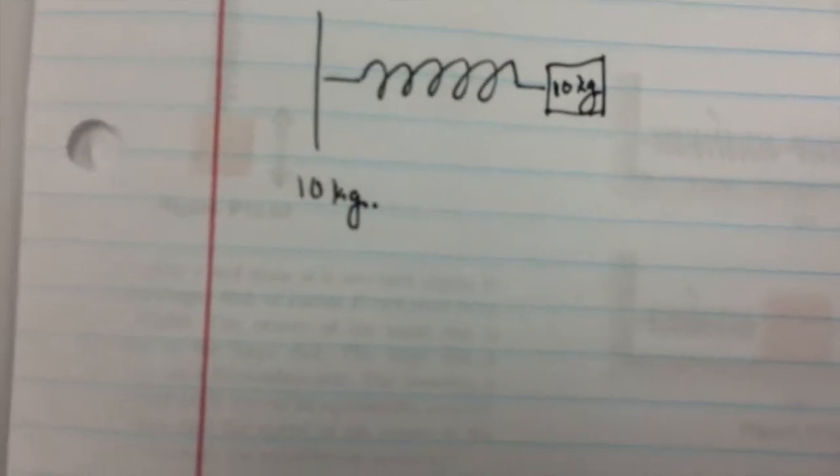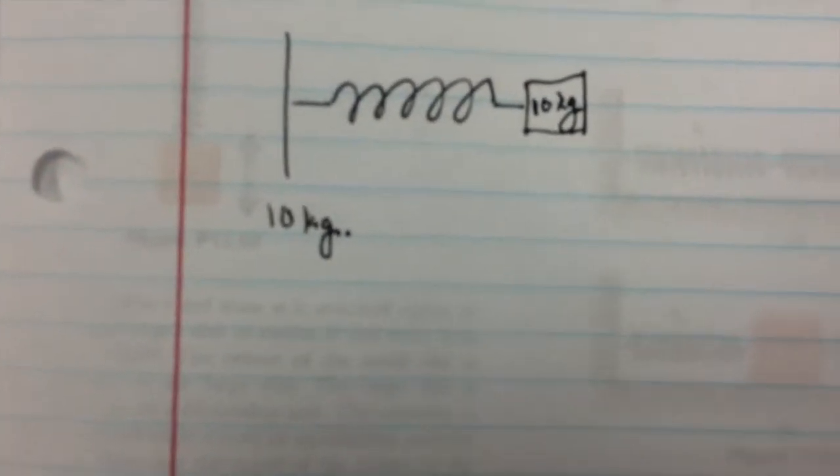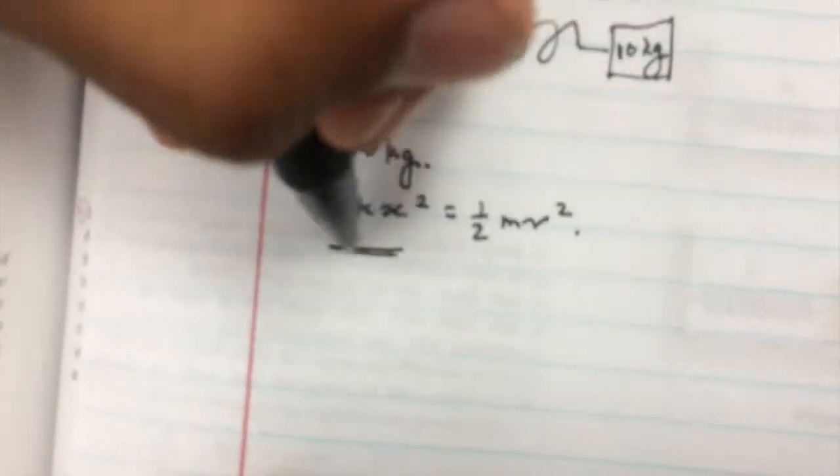We also want to look at the change in velocity. Normally we have 1/2 kx squared equals 1/2 mv squared, because it's a conversion of energy, where this is the max potential and this is the max kinetic. Let's plug this in to find our original.